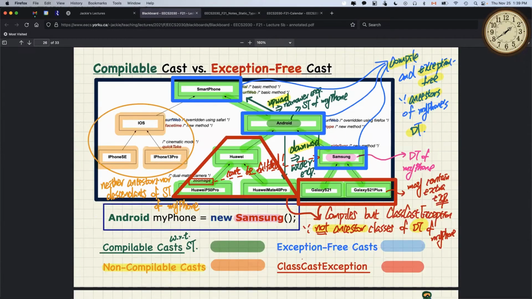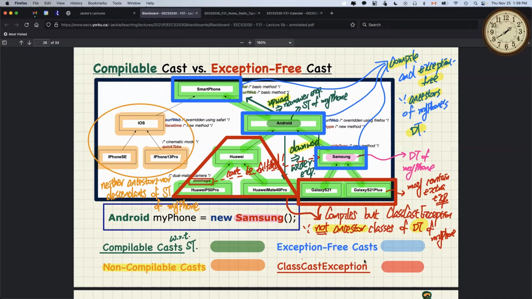This diagram quite nicely tells you, given any hierarchy of classes, and given the static type and the dynamic type, how we can divide the cases into 4 categories. Either the typecast will compile, or it wouldn't compile.